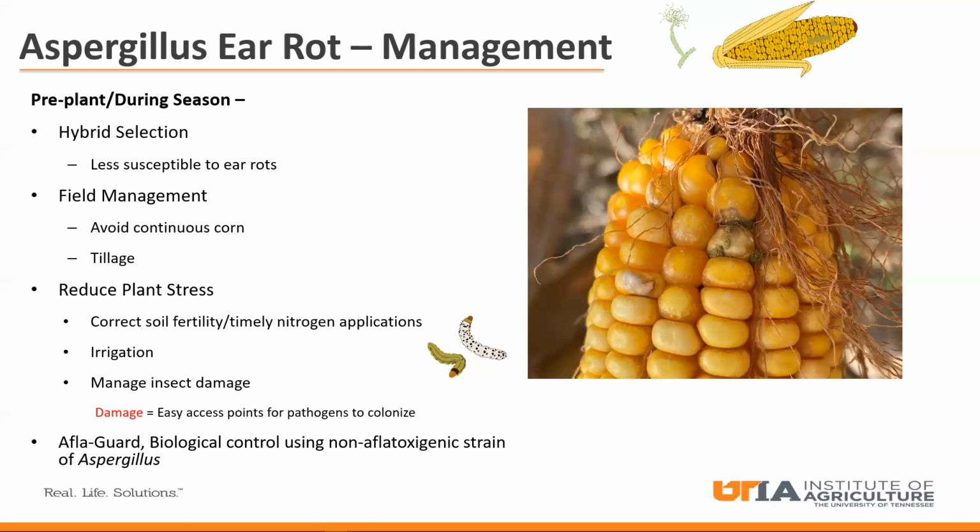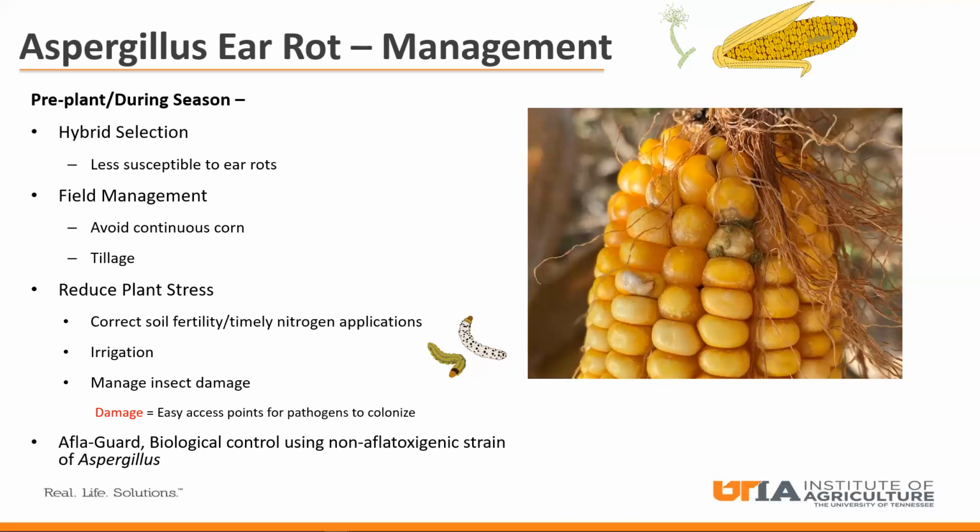Not only insect damage, you want to be managing your weeds and other plant pathogens that may infect corn as well, because all of this contributes to plant stress, which will exacerbate the disease, Aspergillus ear rot, and really ear rots in general.